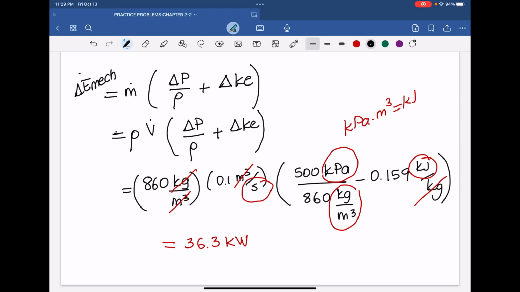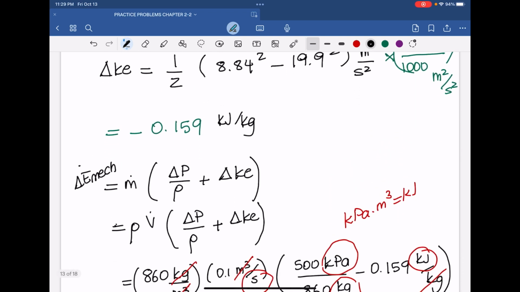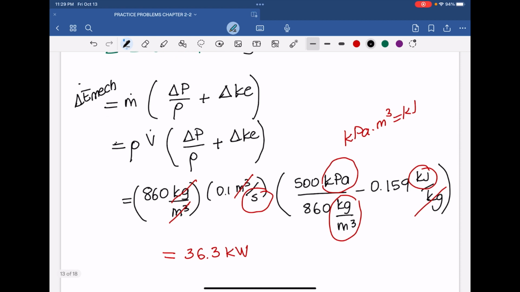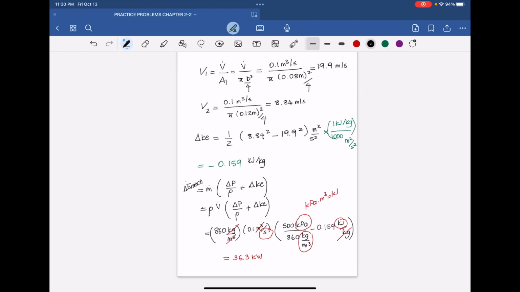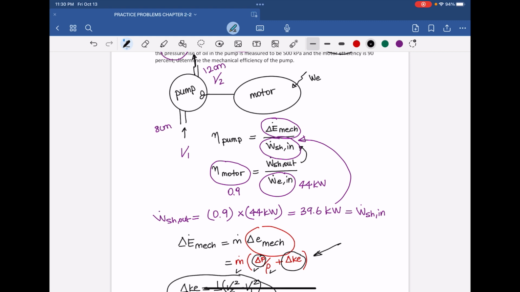All right, the next thing we're gonna do is we found the rate of mechanical energy change, and we need to put this into the equation we previously have shown right there. And we're gonna divide this to this number to calculate the efficiency.